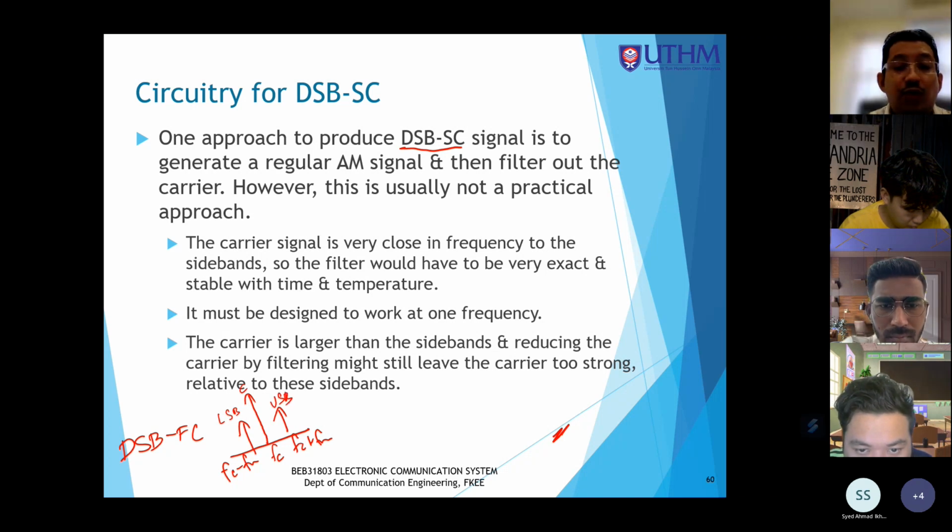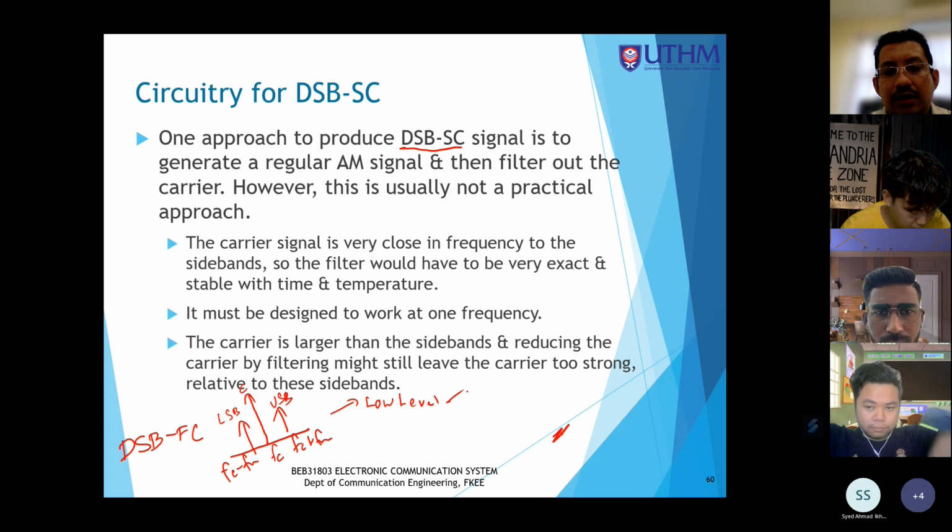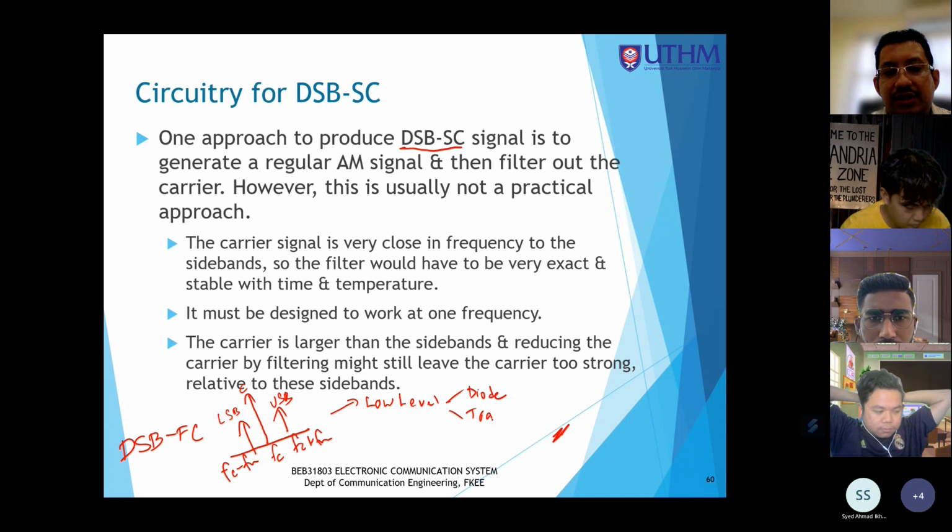So this is for the double sideband full carrier, yang mana kita dah lihat dari segi dia punya circuit sebelum ini, kita ada low level modulator. If you remember, we have a low level modulator which consists of diode modulator and also the transistor modulator.